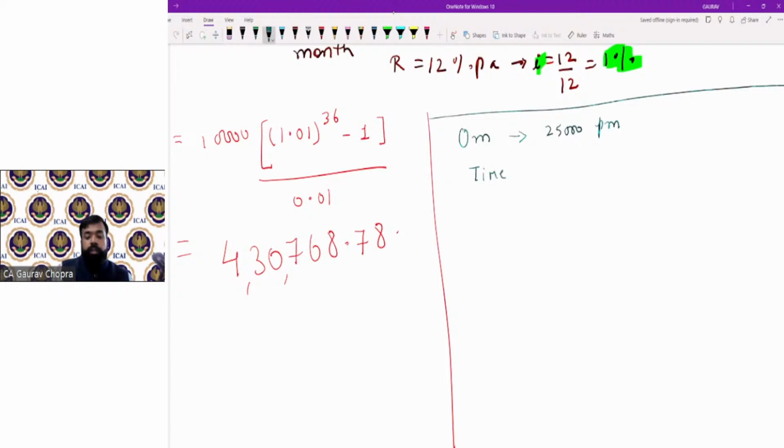Time period is 2 years and rate is 12% per annum. Now you have to calculate the future value. 25,000 is the amount of annuity, 2 years is the time period and rate is 12%.